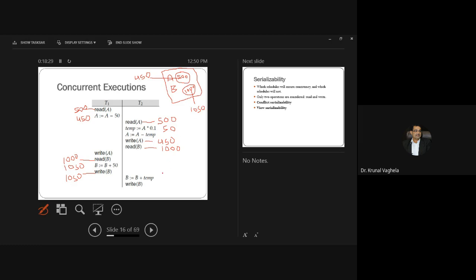What is the temp? 50, and B is 1000 according to this. According to this, B is 1000. So 1000 plus 50 is 1050.